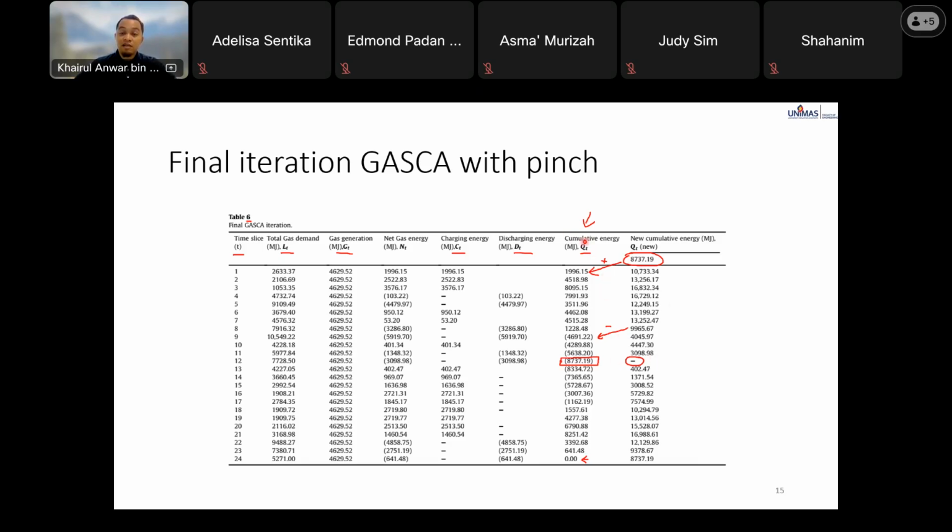So for this calculation, QT is equal to equation 7: QT equals QT minus 1 plus CT plus DT.